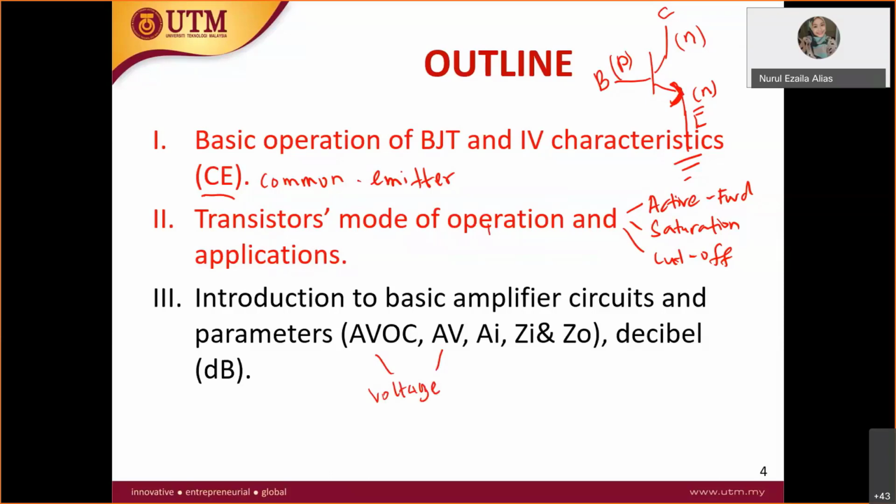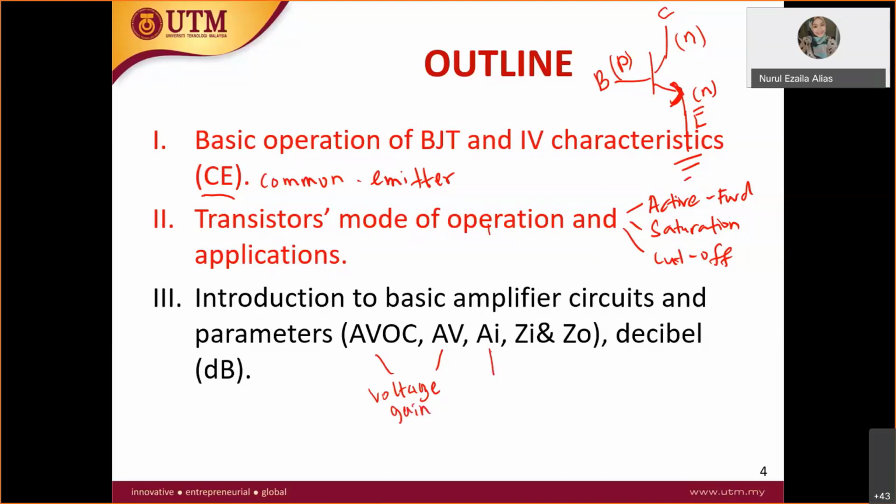If you have a low input signal and you want to amplify it, you use a BJT, which has a gain value, to get the output amplified. So gain is an important parameter here. This is AVOC, and AV is the voltage gain.